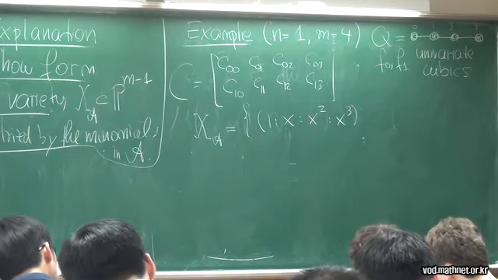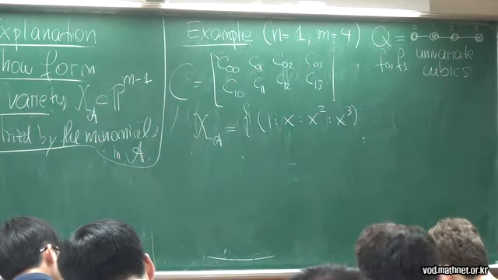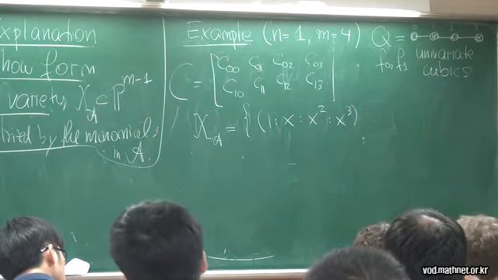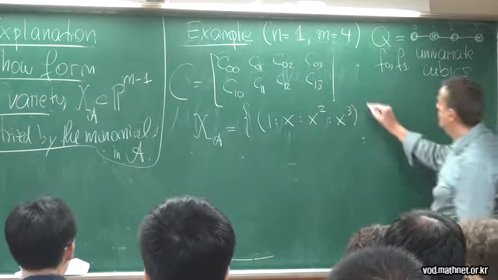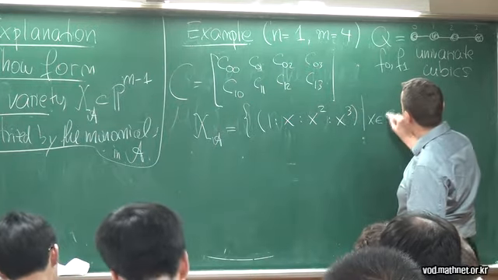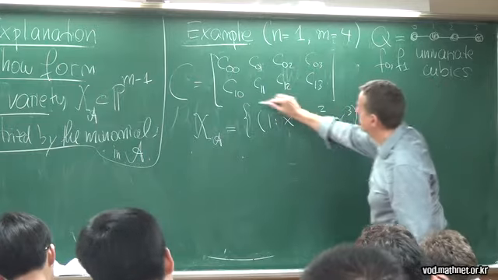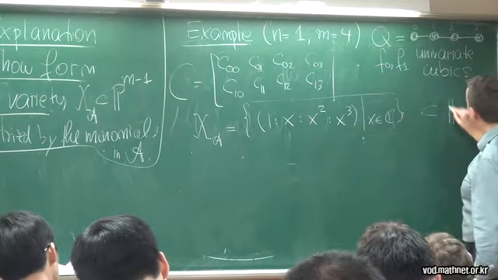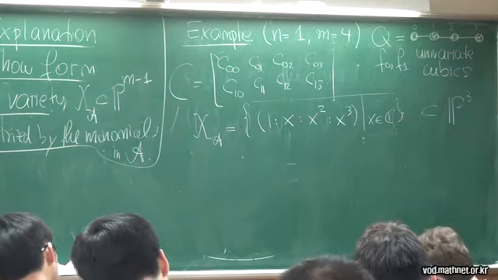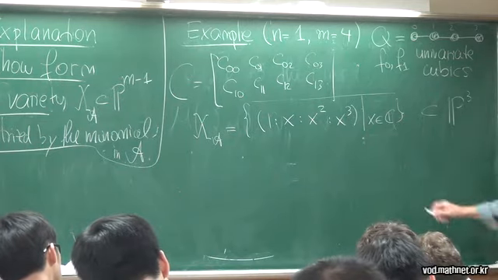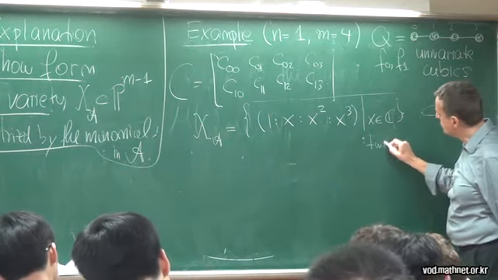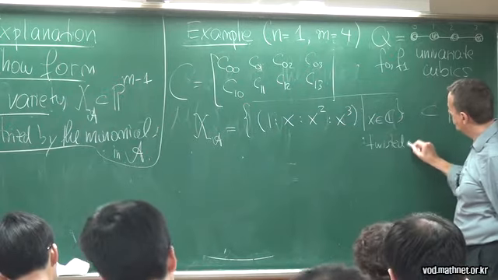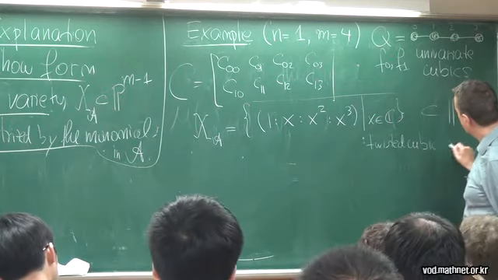So look at all the points of the form 1, x, x squared, x cubed, where x is a complex number, maybe close it up, and that's a curve in three-dimensional space. That's my toric variety. This curve is also called the twisted cubic curve.